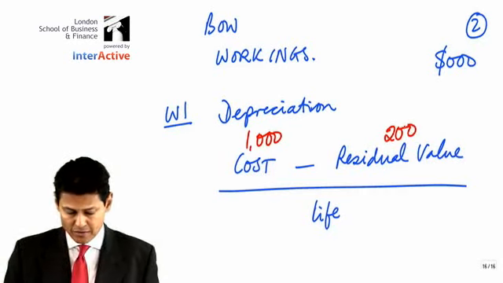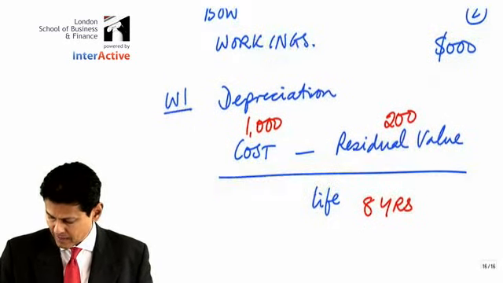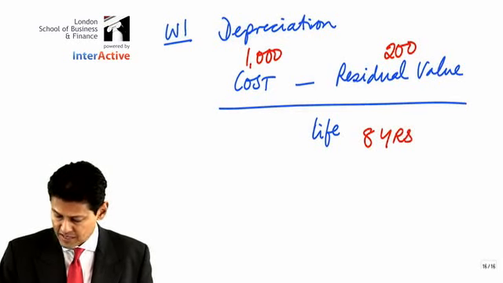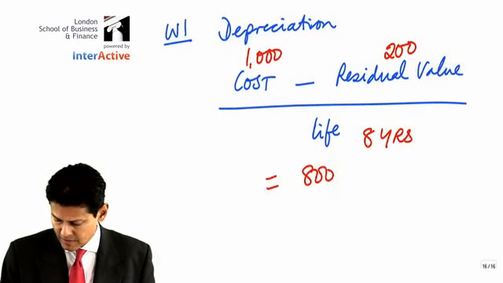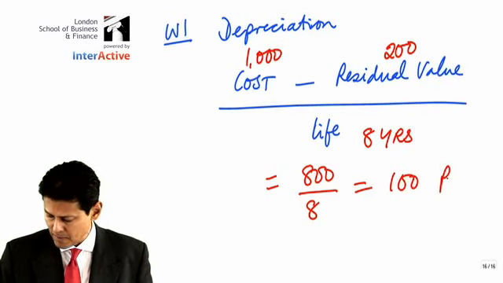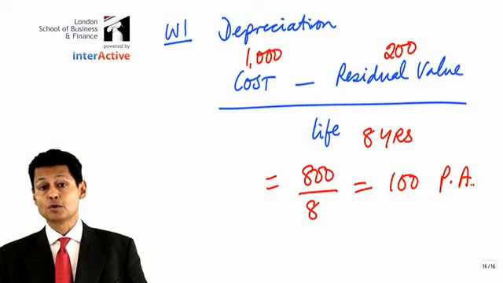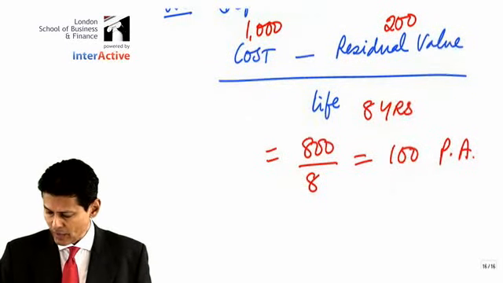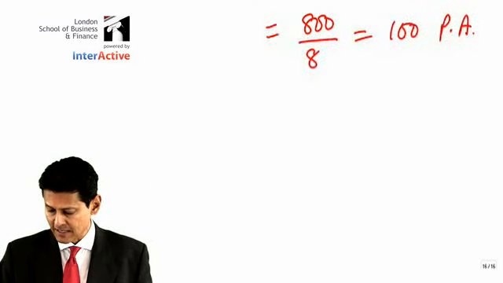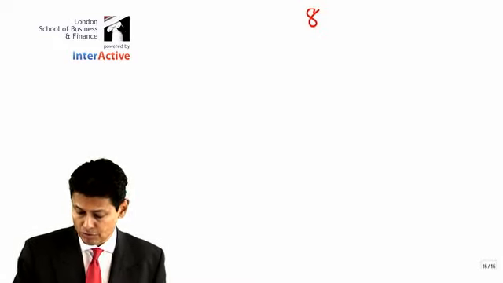Residual value is 200. The life is 8 years. And putting that together, we find ourselves with 800 divided by 8, or 100,000 per annum. First mark scored. Now, what I intend to do next is going to take about 3/4 of a page, so keep yourself plenty of room.